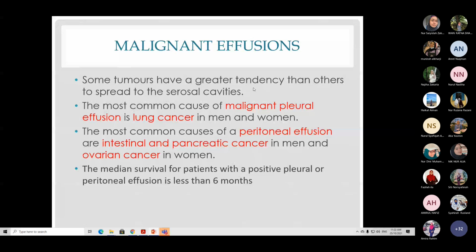But from statistics, cancers from other organs have a higher prevalence than malignancy of the serosal cavity itself.